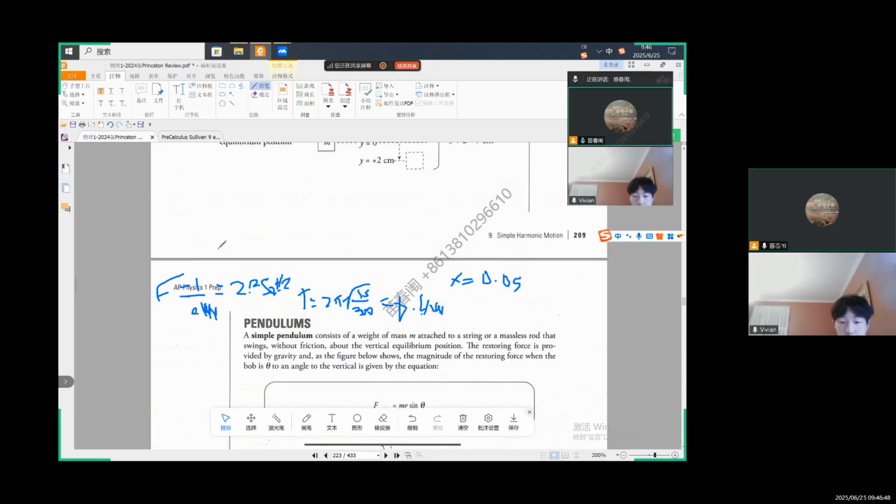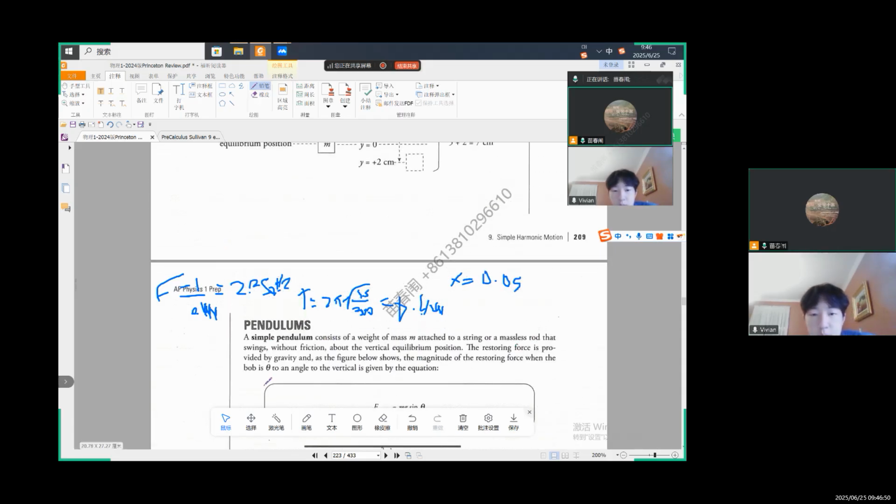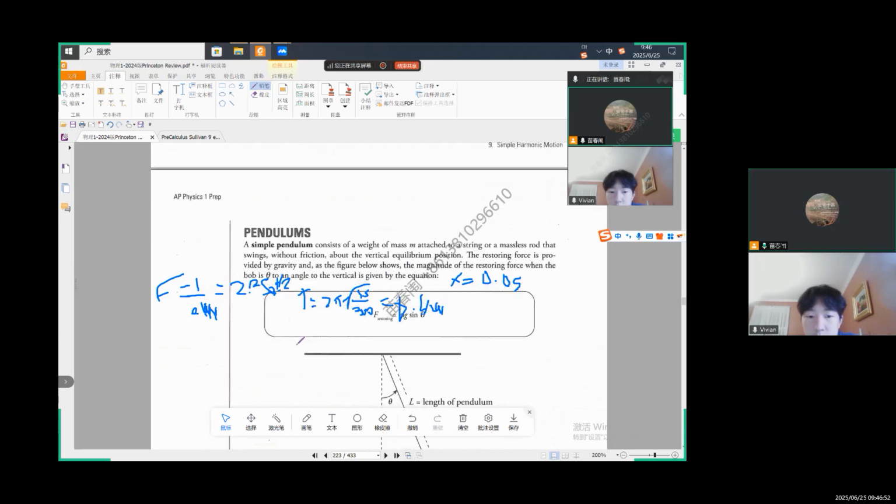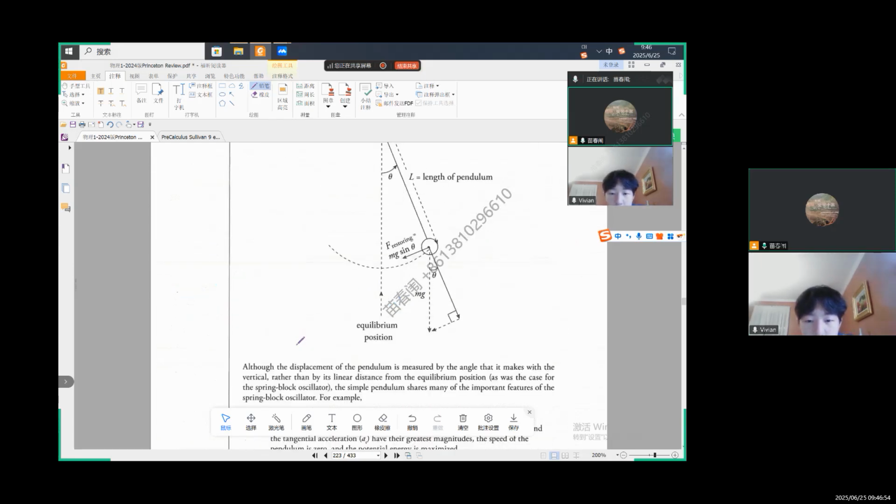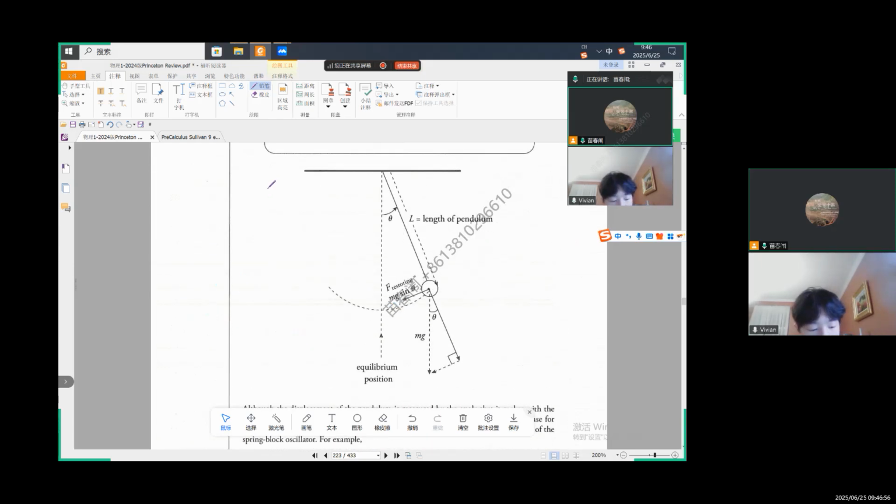Oh, this is something that we learned a little bit before. Well, not exactly, but we did see one of this kind, right? There's a theta 30-degree thing.